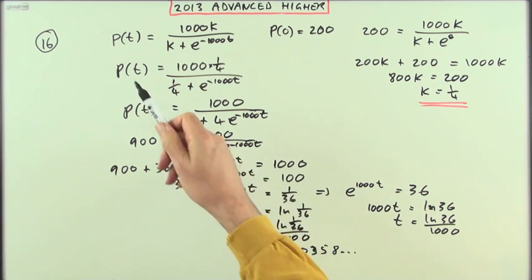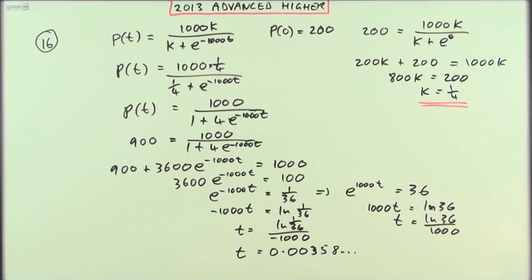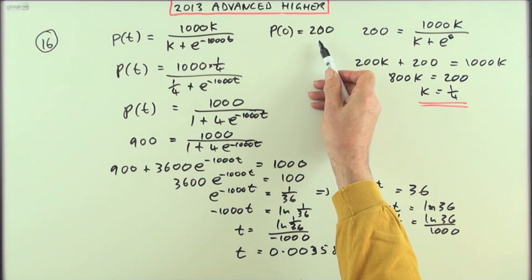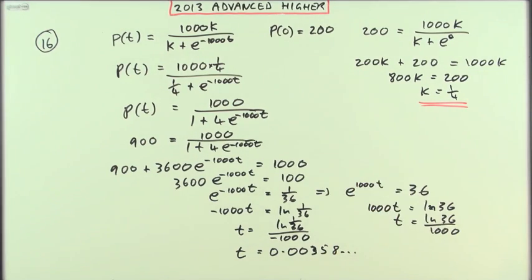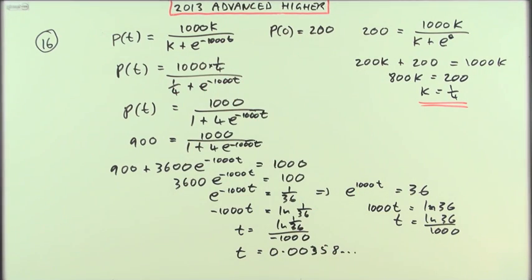Because I'm assuming maybe t was in years or something like that for some population, and this seems to be a tiny amount of time later that it would get from 200 up to 900. However, putting that back into the equation does give 900, so that certainly is the answer that solves that. Whatever the interpretation of it is, that's a different matter. There's no stipulation about what t stands for.